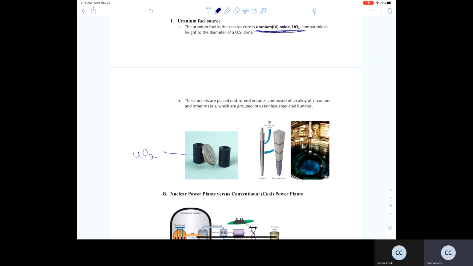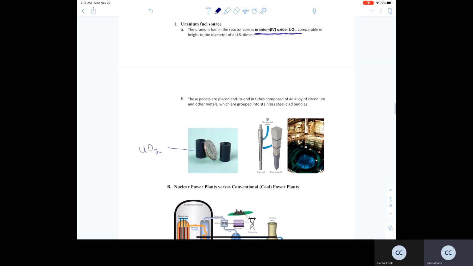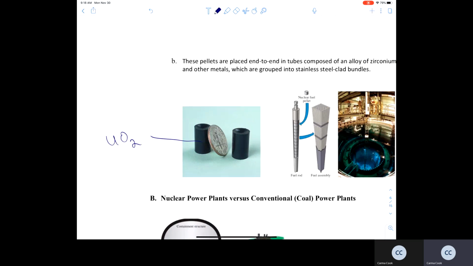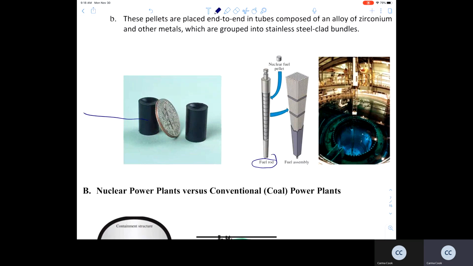You can see that they're about the size of a dime as far as diameter or height is concerned. And these pellets of uranium-4 oxide are placed end to end in these tubes called fuel rods. And see, those are the UO2 pellets inside of the fuel rods.